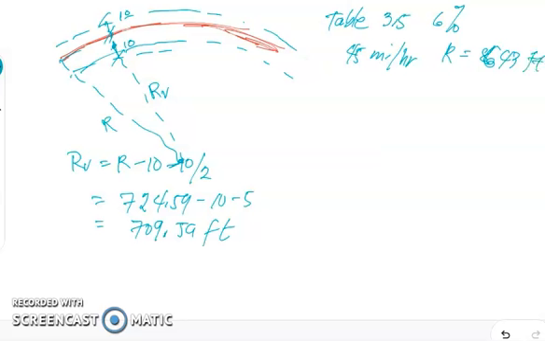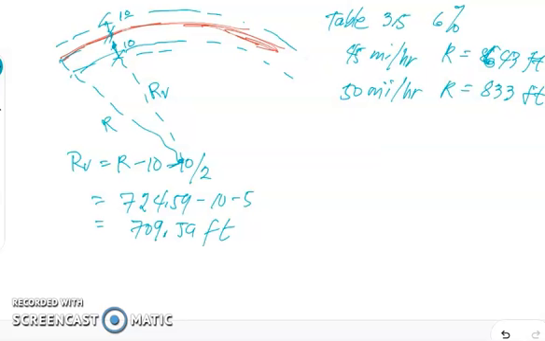If we have 50 miles per hour at 6% superelevation, the radius is equivalent to 833 feet.